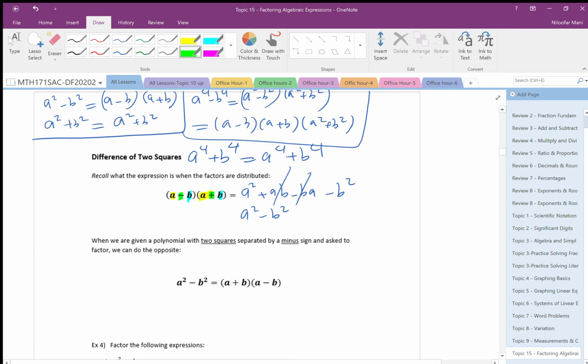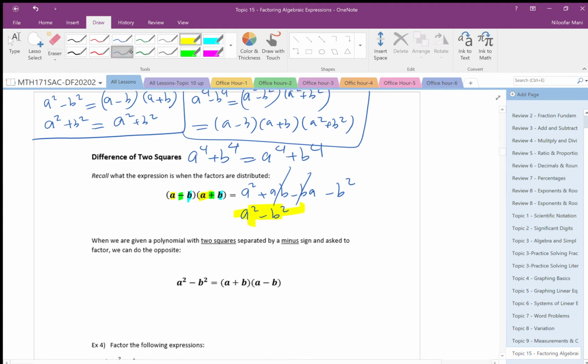See, you have two things the same, a b, one of them minus, one of them plus in between. When you multiply, if you do FOIL, a with a, with b, minus b with a, then you can see ab and ba cancel each other. So you have this.